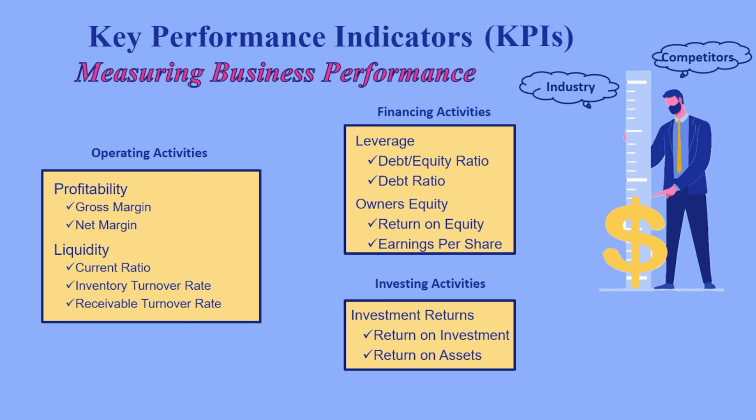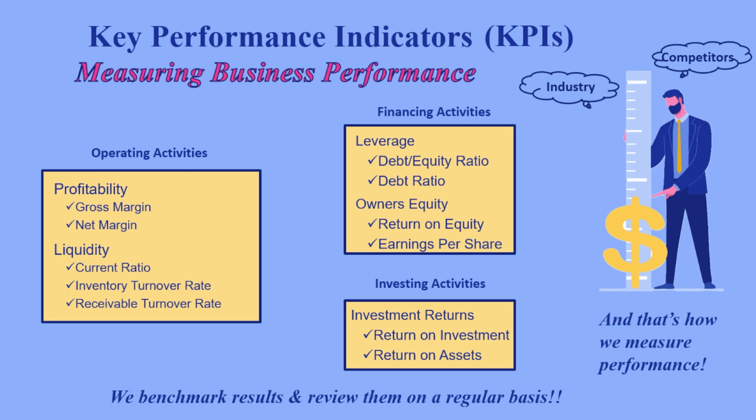The computations for all of these KPIs can be found at the link below this video. And that's how we measure performance. We benchmark results and review them on a regular basis.